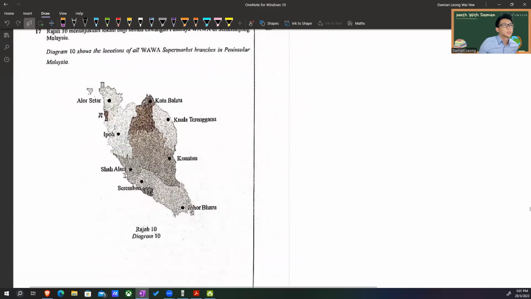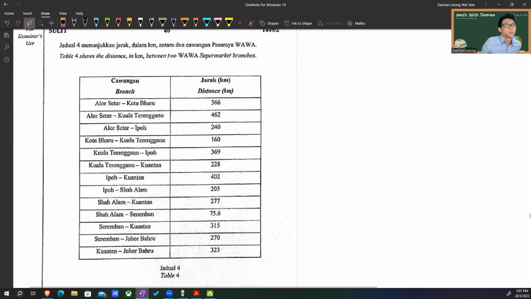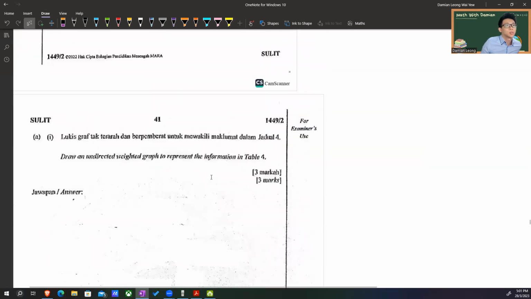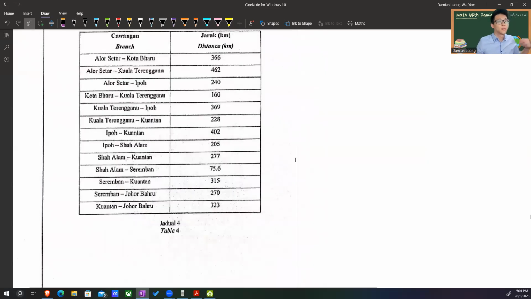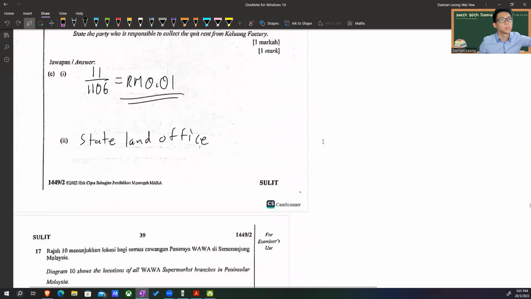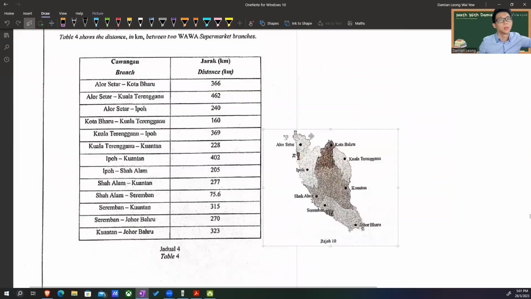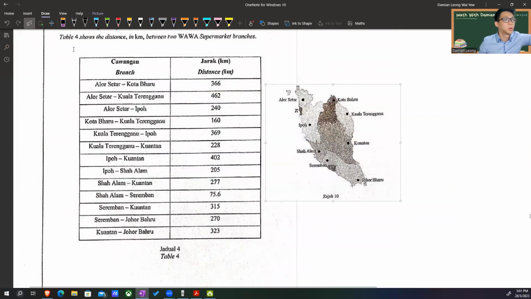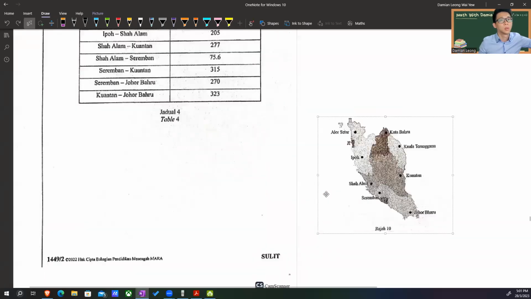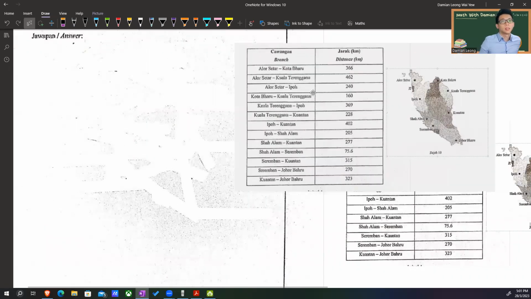So I have this showing all Wawa supermarket branches in Peninsular Malaysia. So I have this diagram. So I want to draw an undirected weighted graph. Let's have them both here so I can compare easily.